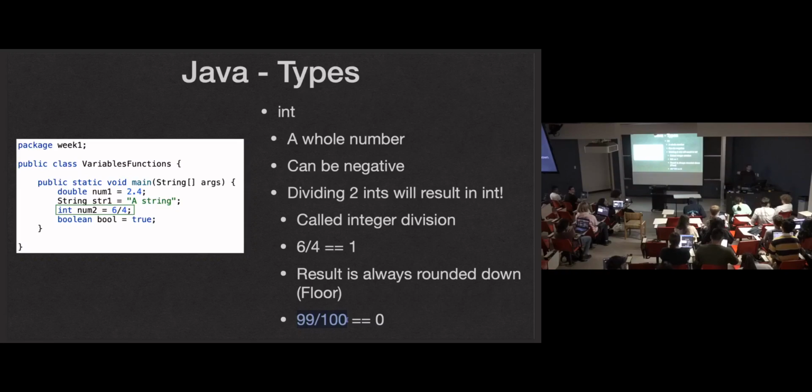Yeah? If you define the variable as int, and you put 6.0 divided by 4, will it still return 1, or is it going to change the variable type? You're going to get a type mismatch, and it won't compile. It'll say expected int found double, and then it won't work.